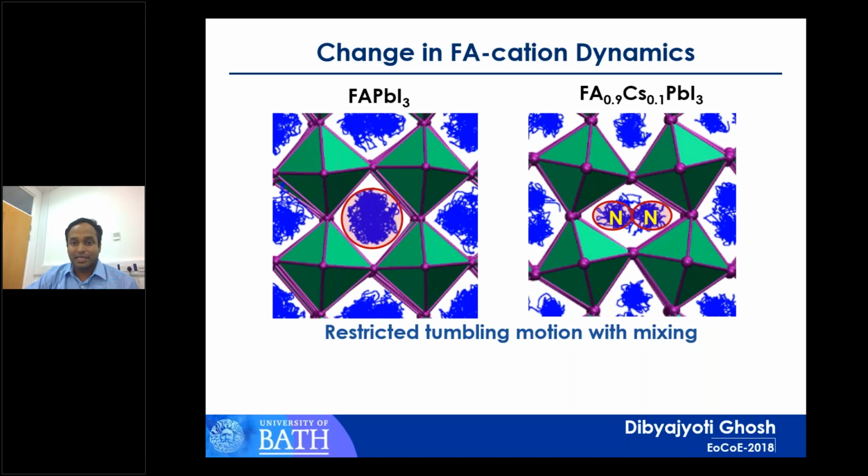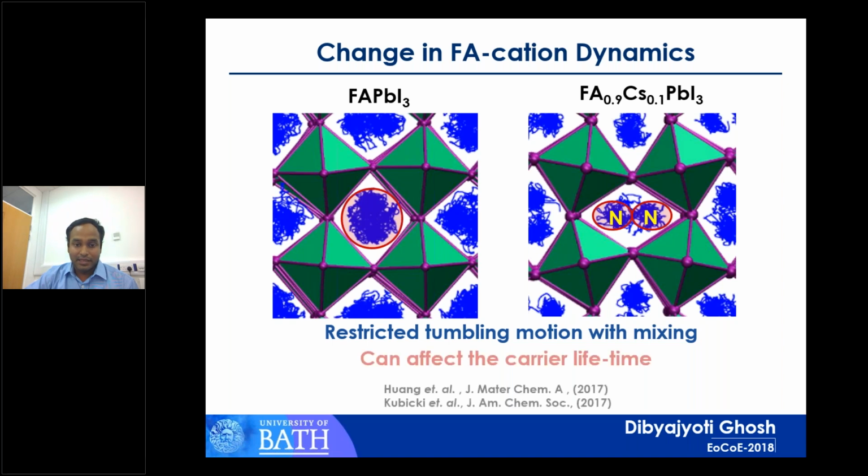So you can understand that the FA cations have a particular orientation because of this cation mixing in the lattice. This can affect the carrier lifetime, but we have not done anything on that so far, and this particular topic is also a bit in debate.